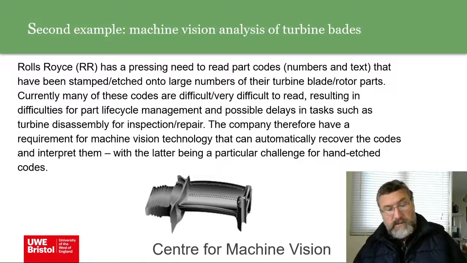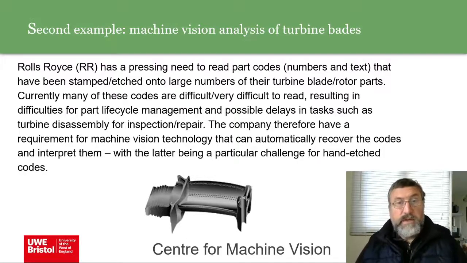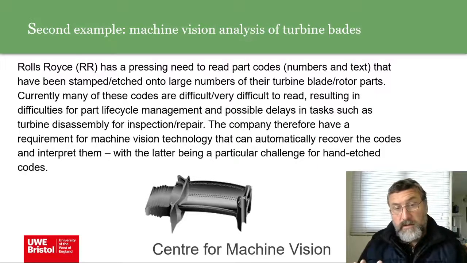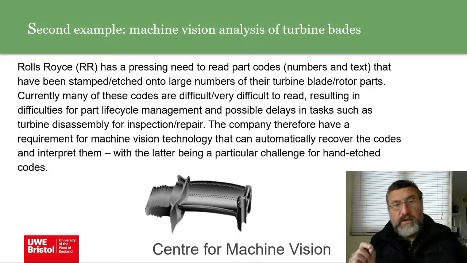This is the kind of thing that 3D vision suits. In our lab we've got two areas, 3D vision and deep learning, or CNNs, convolutional neural networks. And this is an example, I think, of where these techniques are pretty well suited to this kind of industrial problem. When you use etching or stamping on a part to put alphanumeric information on there, you've got a three-dimensional profile to some extent.